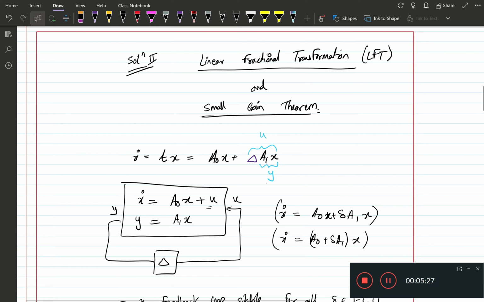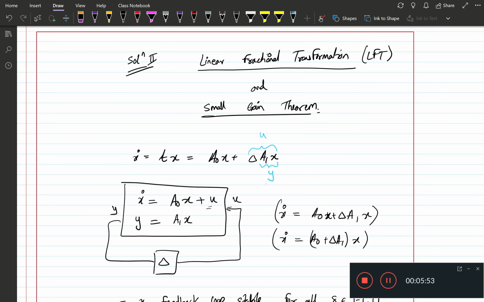And now we know something about this block delta, so let me just replace these deltas by the block we have. So now we have replaced this uncertain system by a feedback loop here.